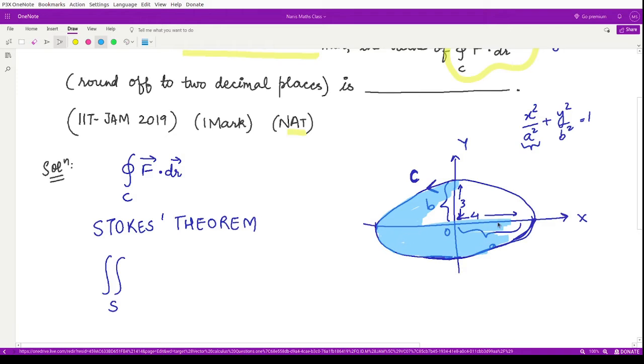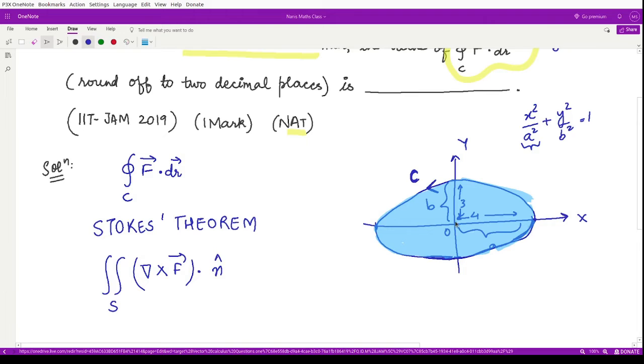So within this ellipse, whatever is the area, that is your surface. In this surface, you are to calculate the double integral of del cross vector f, and you take the dot product of this with the vector n cap, which is the unit vector perpendicular to the plane.